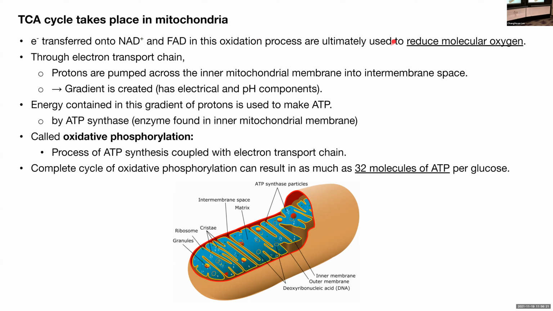Ultimately they are used to reduce molecular oxygen in the much later stages of this metabolic pathway in mitochondria. Again, it's all about generating more energy. That happens through the electron transport chain in the mitochondria, and in here, protons are pumped across.